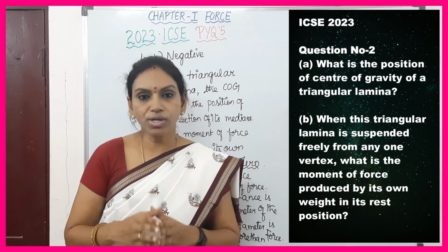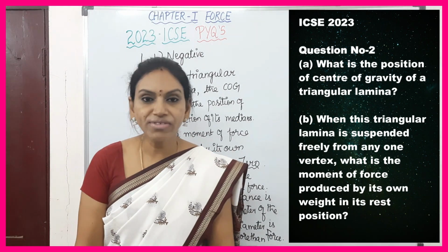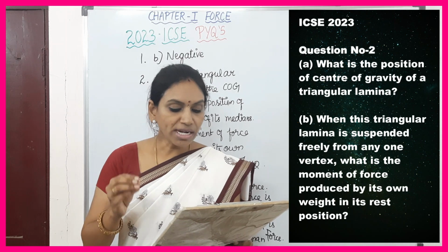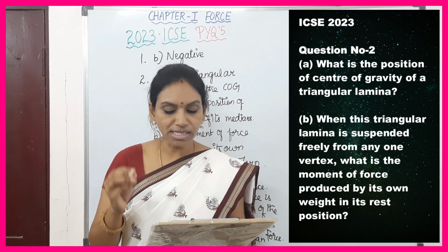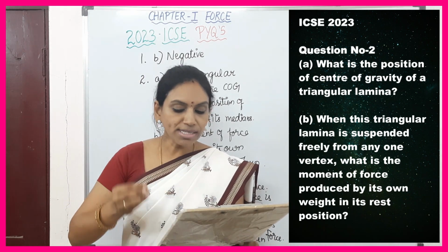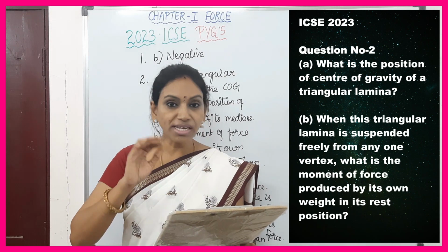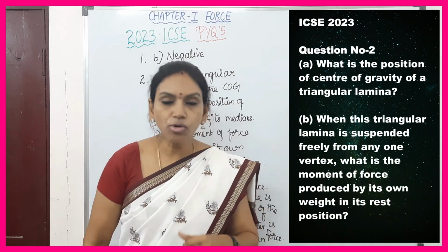That's your first part. In the second part, part B, what have they asked? When this triangular lamina is suspended freely from any one vertex, what is the moment of force produced by its own weight in this position? Let me read out the answer for you.